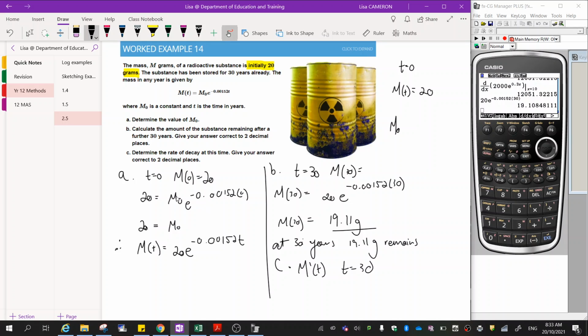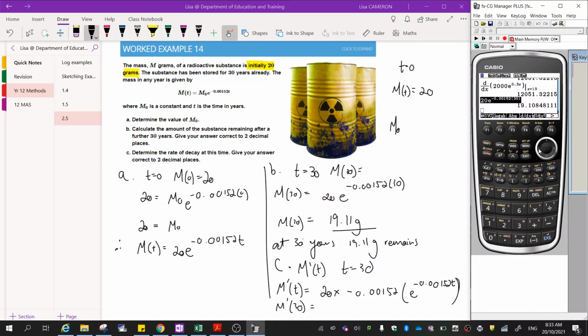If I calculate the derivative of this function here, it's going to be 20 times negative 0.00152 times e to the power of negative 0.00152t. Now the next thing I'm going to do is put my number 30 into the position that t currently holds.